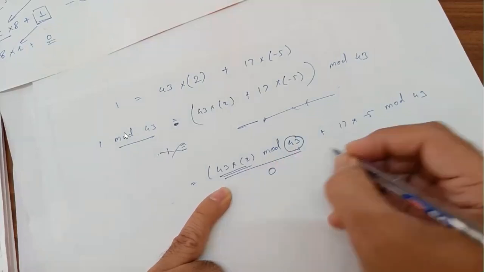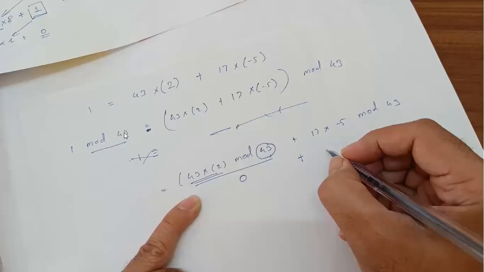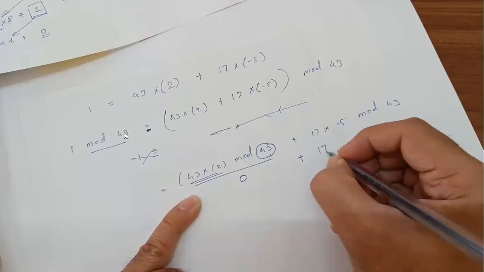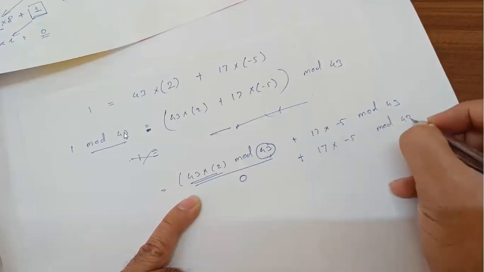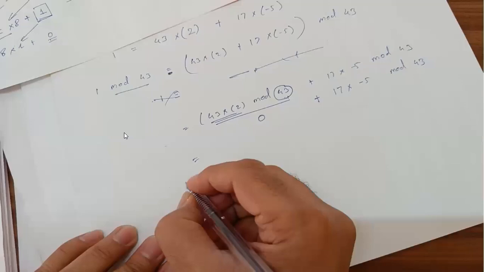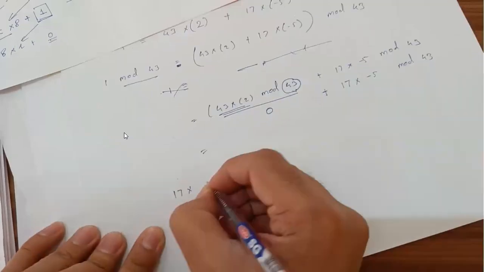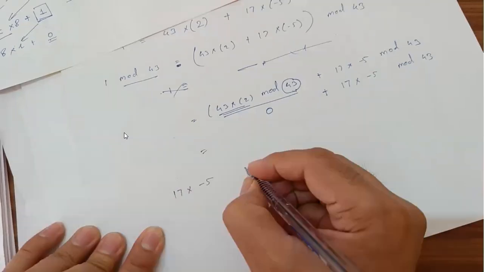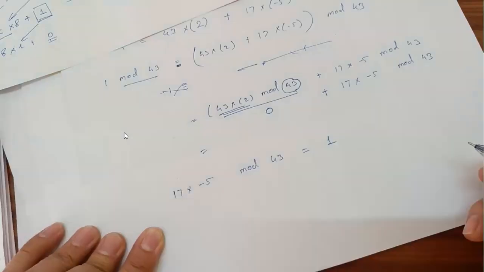So now what is remaining is 17 into minus 5 mod 43. Can I rewrite this equation as 17 into minus 5 mod 43 equals 1? I can write this, correct?